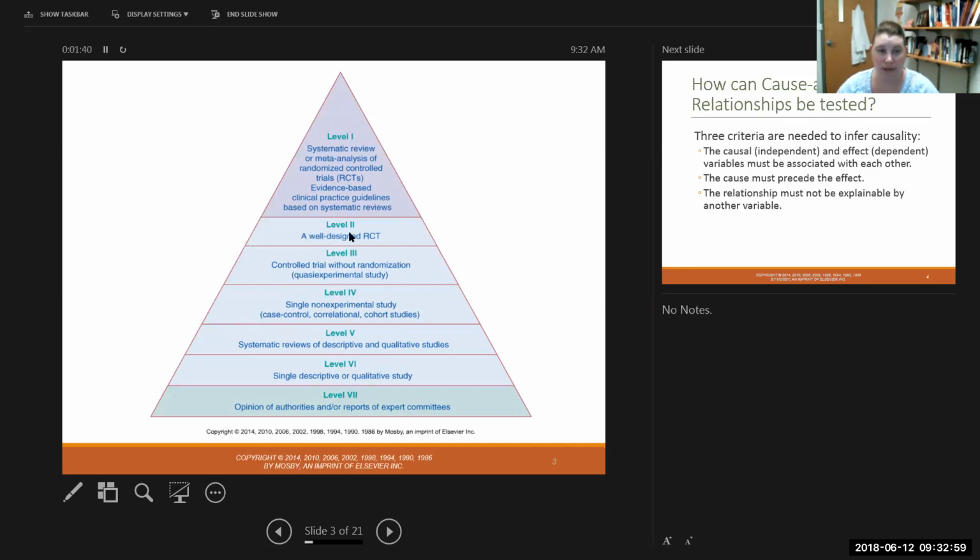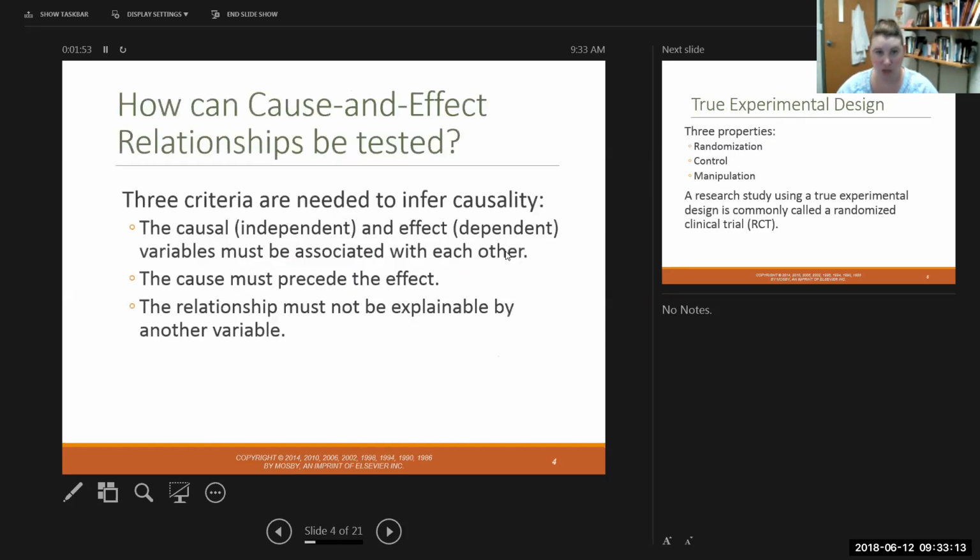What we're going to talk about today, as I said, is level 2 and level 3. So a well-designed randomized clinical trial, or a controlled trial without randomization, which are these quasi-experimental ones that we'll be getting into. How can cause and effect relationships be tested? There are 3 criteria that we need to infer causality.